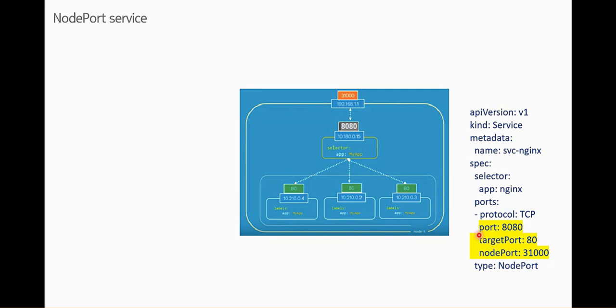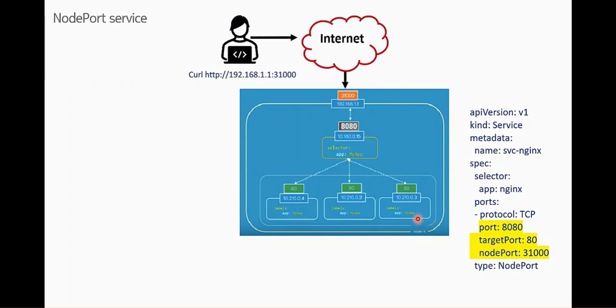It is open to access this particular service. So in this case, if a user wants to access any one of these pods, he can curl HTTP with the node's IP address. You see here, instead of using the load balancer IP address, we can use the externally routable IP address of the worker node itself, which is 192.168.1.1 in this case, and colon with port number 31000.